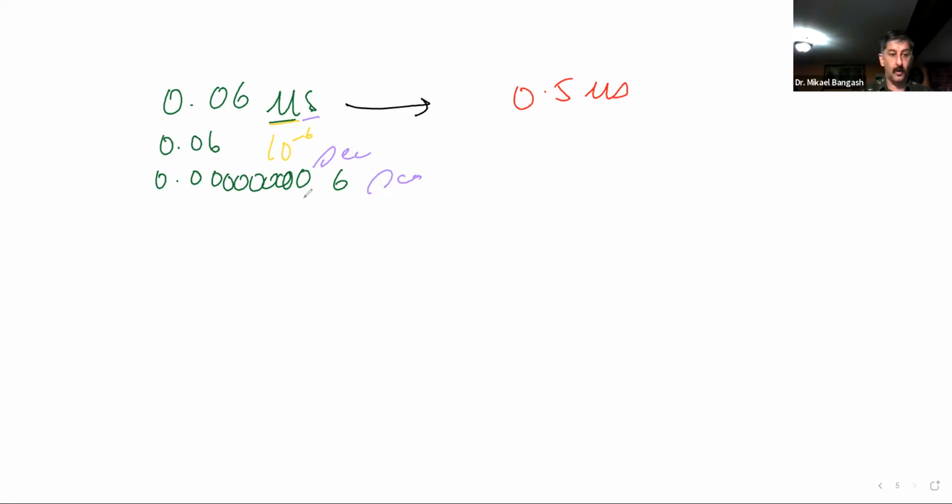Or you can write it as a whole number, where you have 6, but then it becomes 10 raised to the power minus 6, plus minus 2, which becomes minus 8 seconds. So that's 600 millionth of a second.